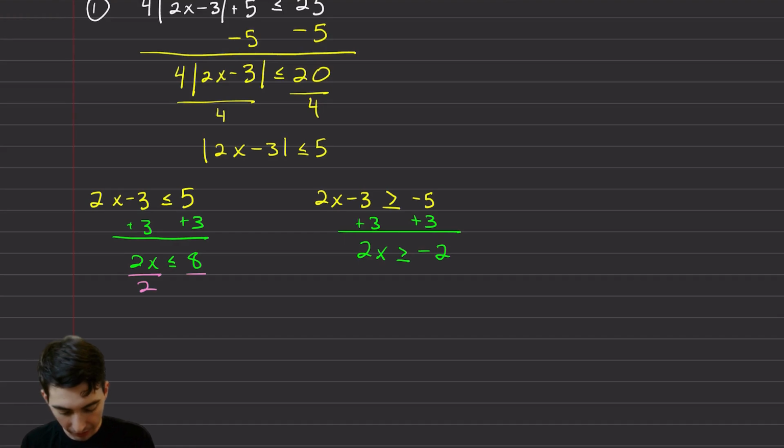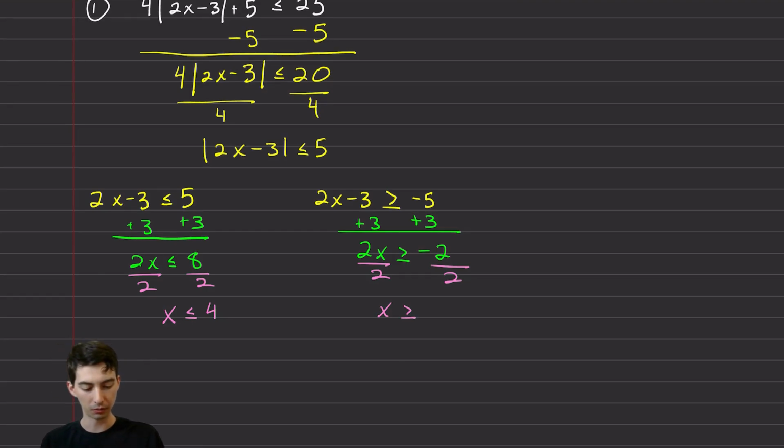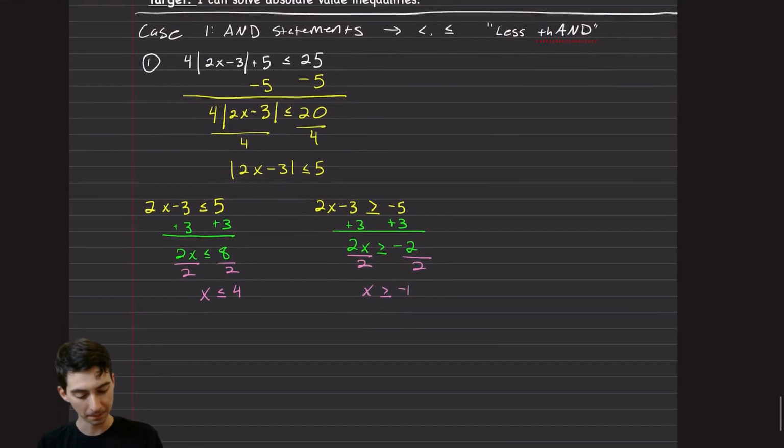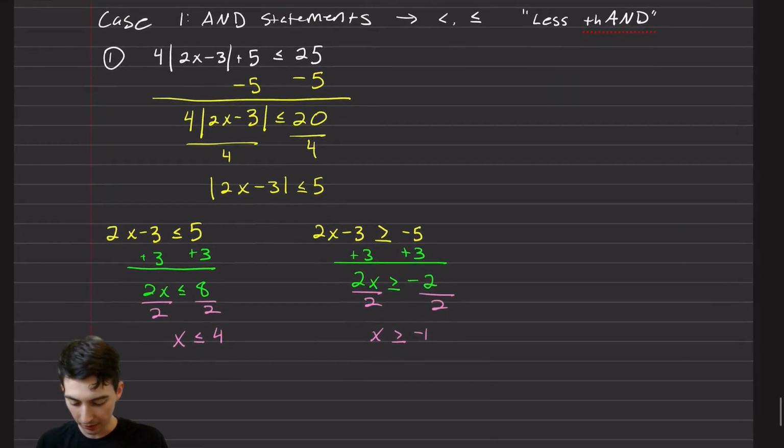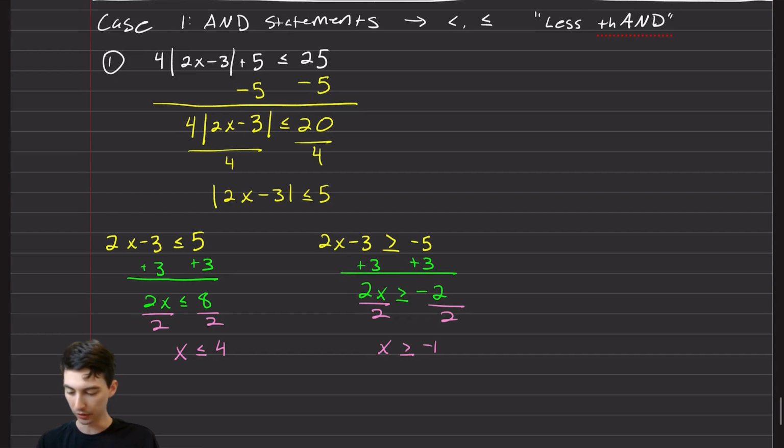Now I can divide everything by 2. So I will get x is going to be less than or equal to 8 divided by 2 would give me 4. And x is going to be greater than or equal to negative 2 divided by 2 will give me negative 1. Okay. So now we have my two inequalities here.